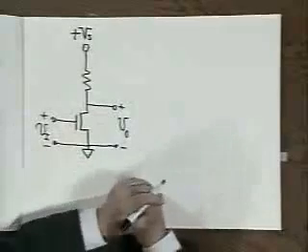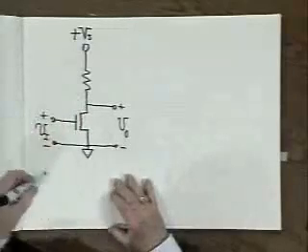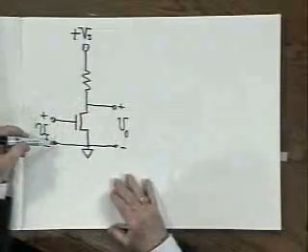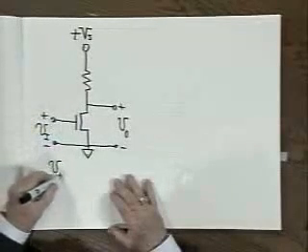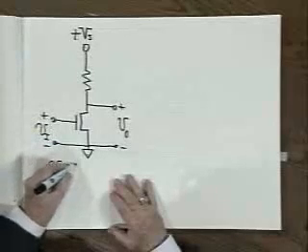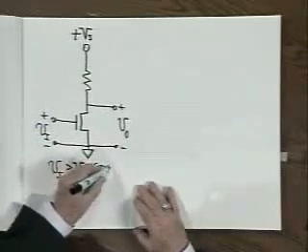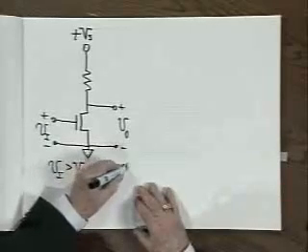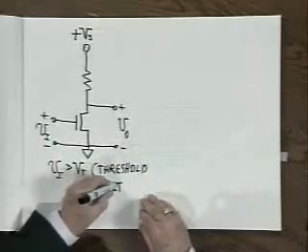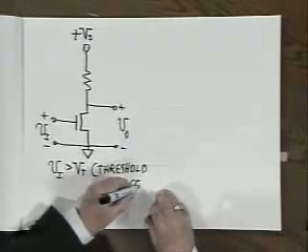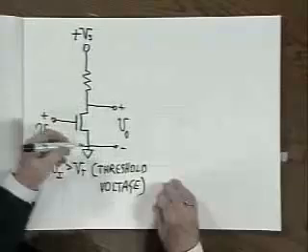Now this circuit amplifies generally, because when I apply the input voltage here, once this input voltage v sub I gets above V threshold, that is, once v sub I is greater than the threshold voltage of the transistor, once it gets above the threshold voltage, current begins to flow in the drain to source channel.